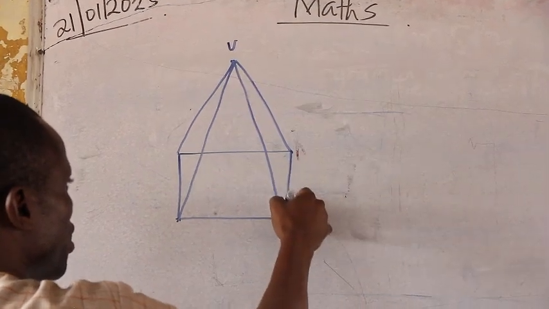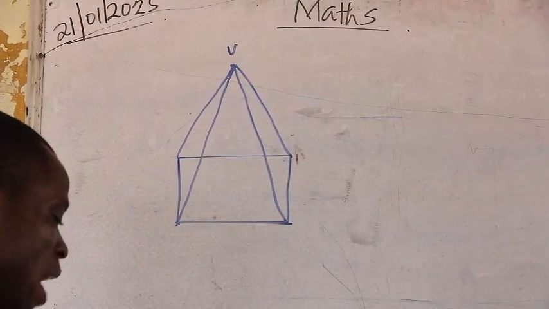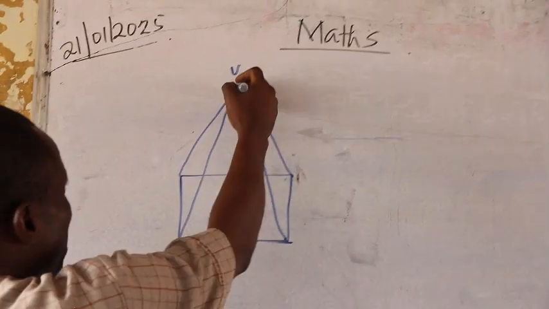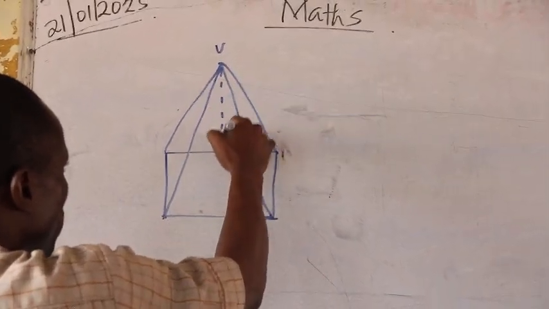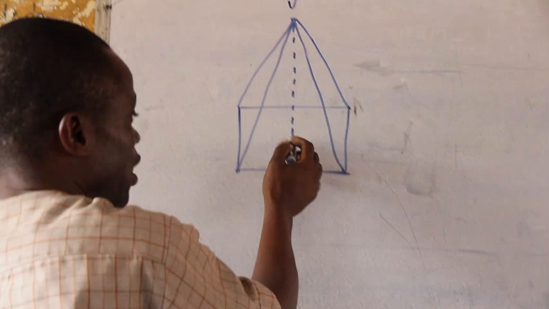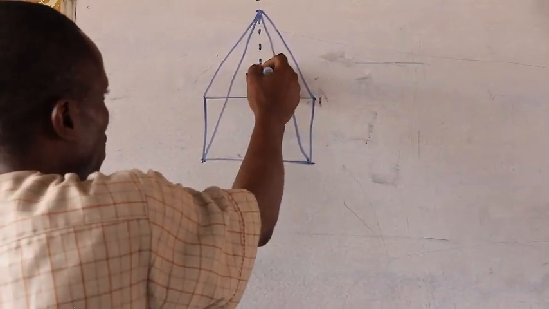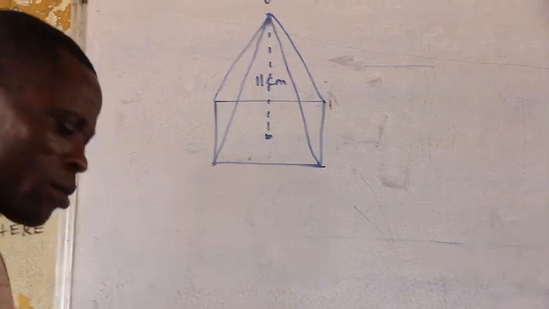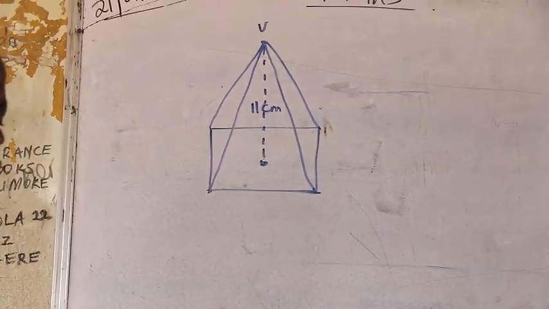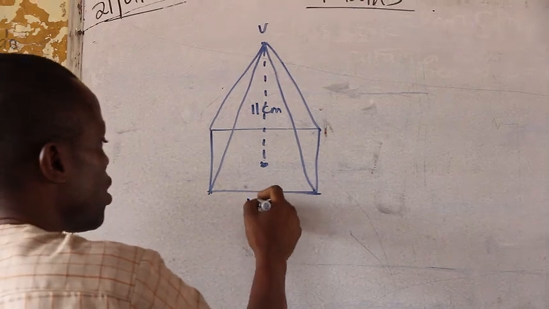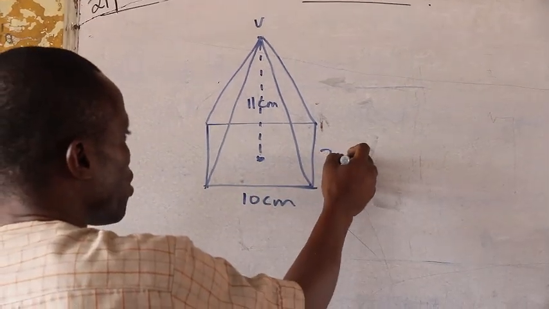The pyramid stands with height 11 centimeter. This is the height. That height must stop at the midpoint of the base here, 11 centimeter. It stands on a rectangular base, 10 centimeter by 7 centimeter.